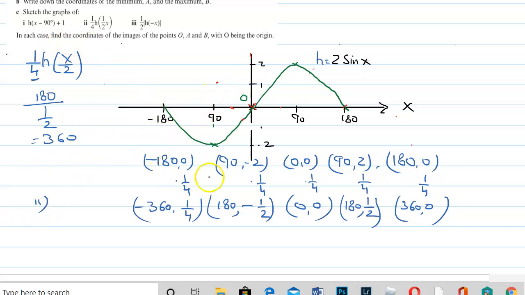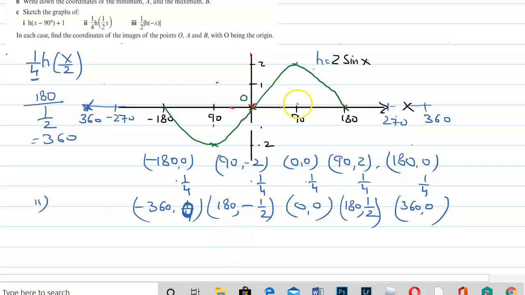So we have to draw the graph with this. Say this is 270 and 360. This is minus 270 and 360. This is 0 multiplied, this is 0, not 1 over 4. So at 360 it is 0.